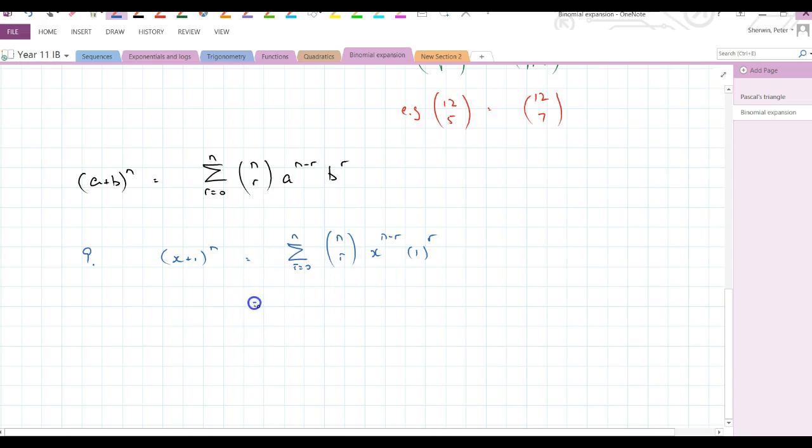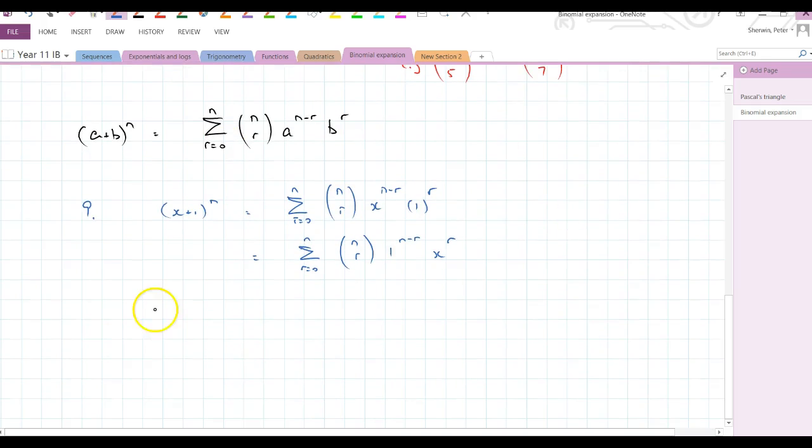So I'm going to turn this around, and it's okay to do so. I'm going to turn it around so it reads nCr times 1 to the n minus r, times x to the r. Big deal. So for x squared, r is equal to 2.